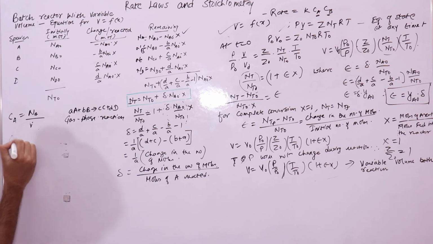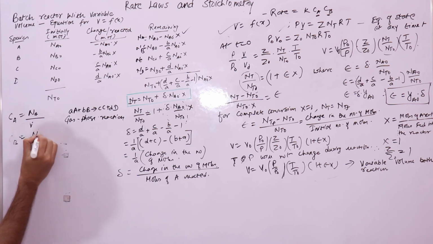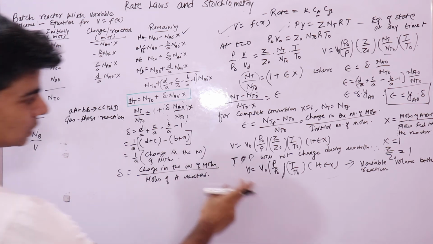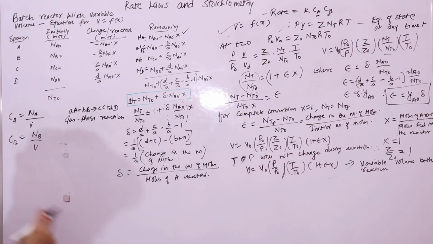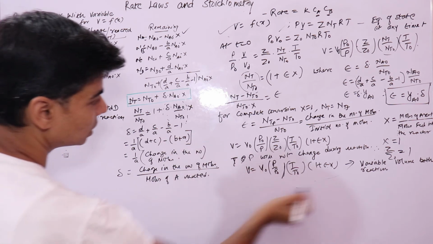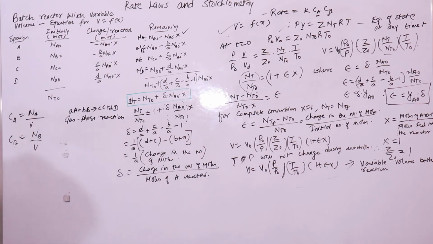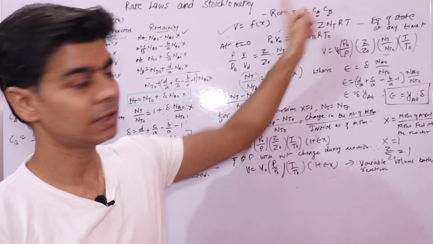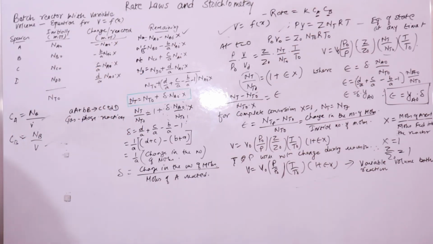For example, Cb would be equal to Nb upon V. If you substitute this V here, you will get individual concentrations Ca and Cb. Once you substitute Ca and Cb here, you will get the rate in terms of conversion x, right?